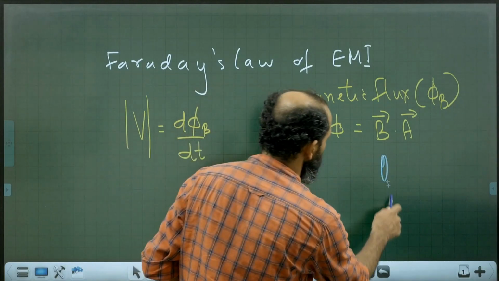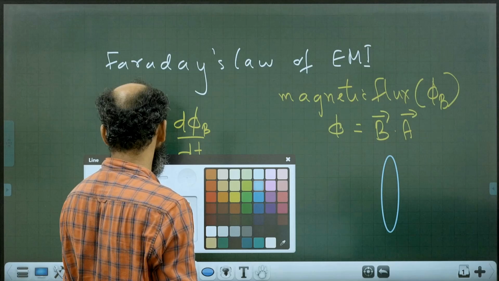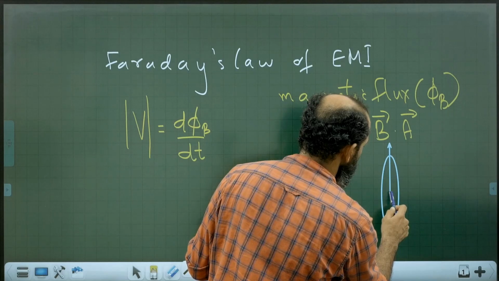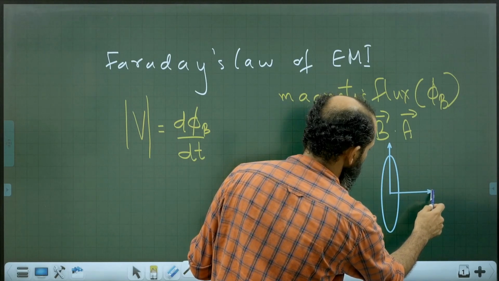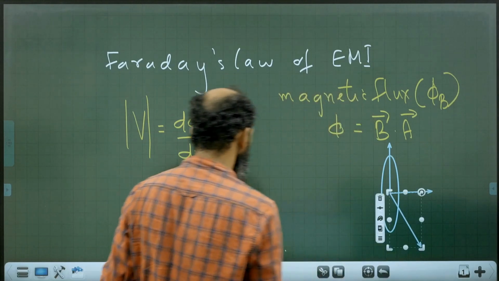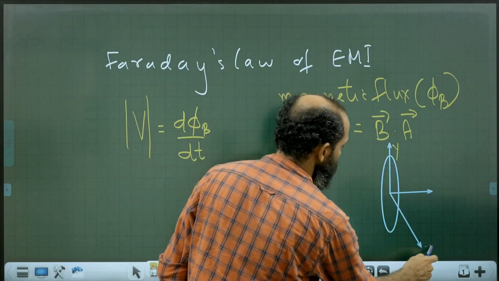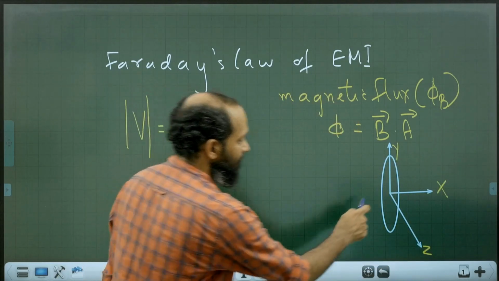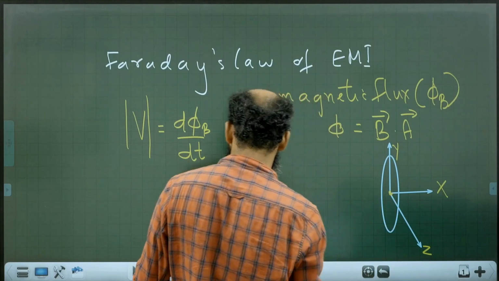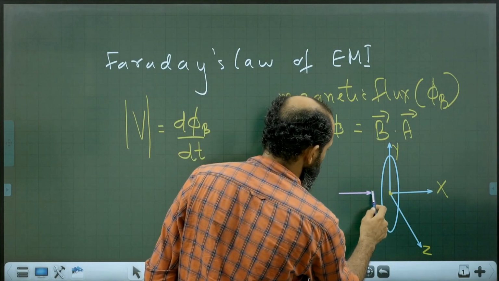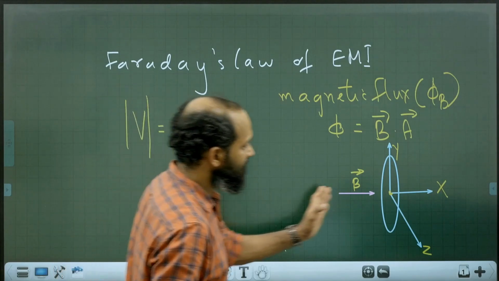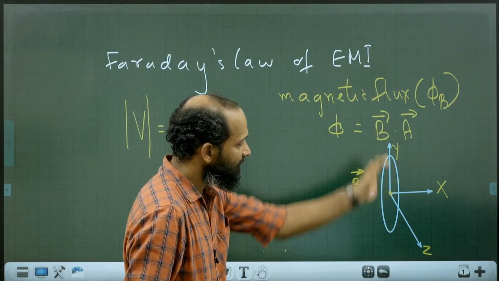That's a very important topic. Suppose this is the coil and the coil is in the YZ plane. This is Y, this is Z, and this is X. Then the flux density vector is along the x-axis, and the coil is in the YZ plane.